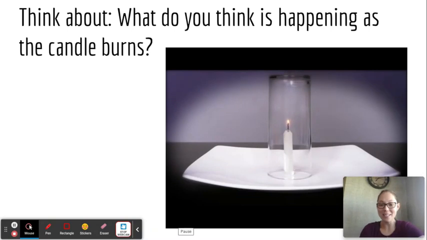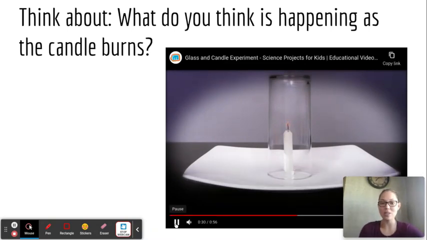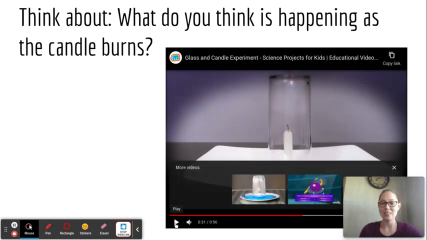And why is the candle going out? What are your ideas? Make sure you are pausing the video if you need more time to write and capture your ideas, or rewind the video to rewatch the candle burning. I'm going to give you a second to write down any ideas you have about what is happening as the candle burns.